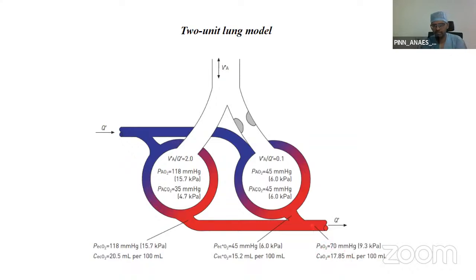It is not the mean of the partial pressures of these 2 units, but it is a flow weighted mean of the arterial oxygen contents of these 2 units. So the oxygen contents are 20.5 and 15.2. That comes to around 35.7, divided by 2 is 17.85. So the arterial oxygen content of the effluent blood is the flow weighted mean of the individual units' oxygen content.